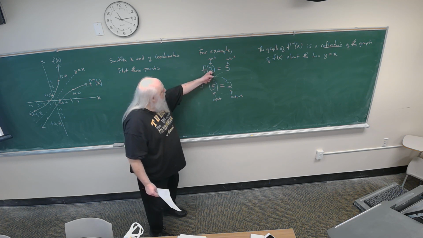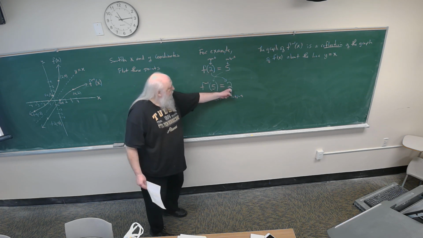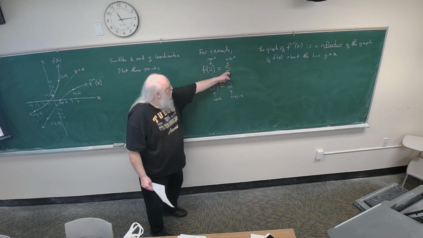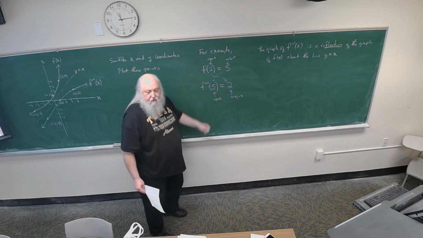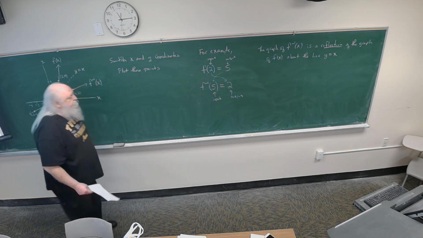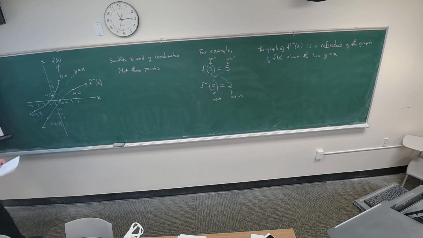The x coordinate for f of x is the y coordinate for f inverse, and the y coordinate for f of x is the x coordinate for the inverse. Okay. All right. Any questions, ladies and gentlemen, on the graph of a one-to-one function and its inverse?